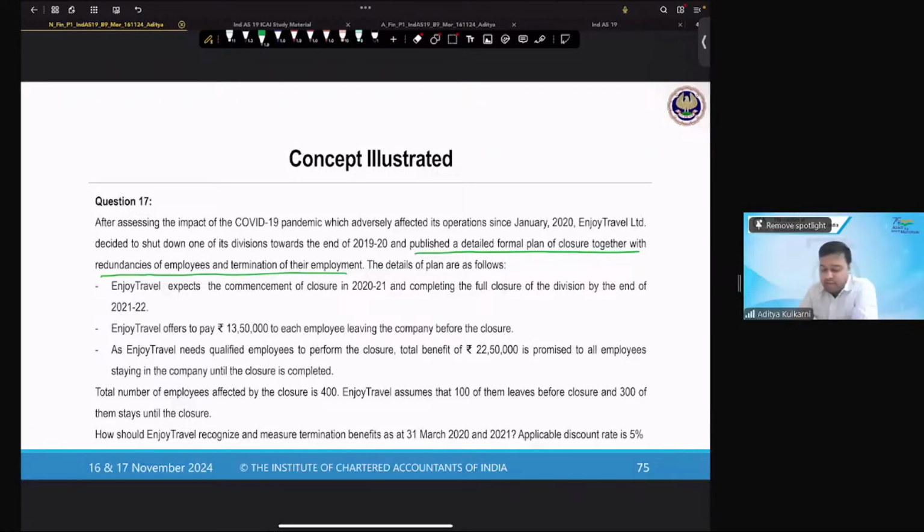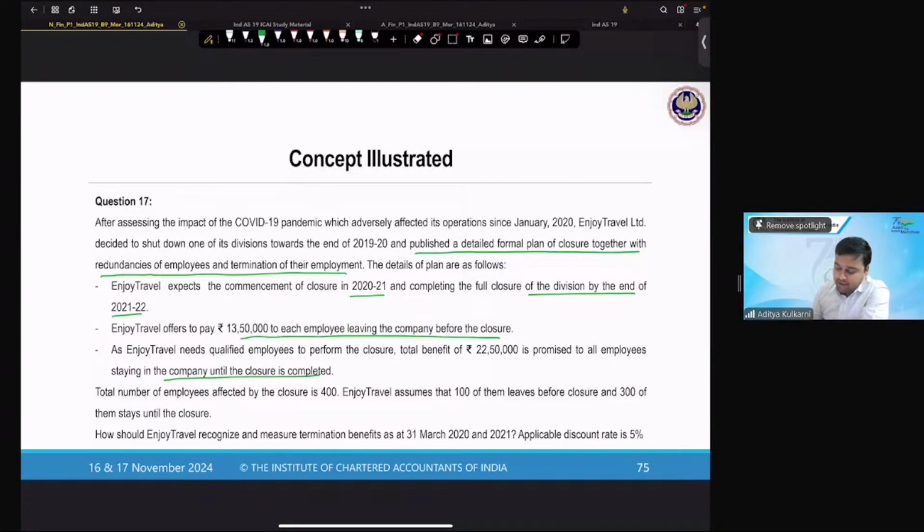Enjoy Travel expects the commencement of closure in 2021 and completing the full closure of the division by the end of 21-22. Enjoy Travel offers to pay 13 lakh 50 to each employee leaving the company before the closure. As Enjoy Travel needs qualified employees to perform the closure, a total benefit of 22 lakh 50 is promised to all employees staying in the company until the closure is completed.